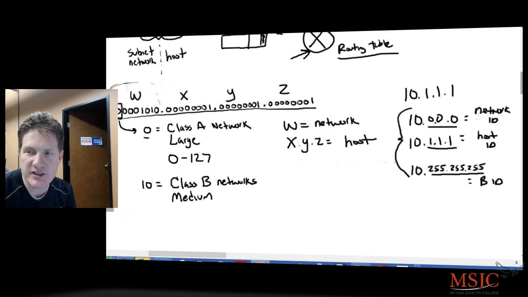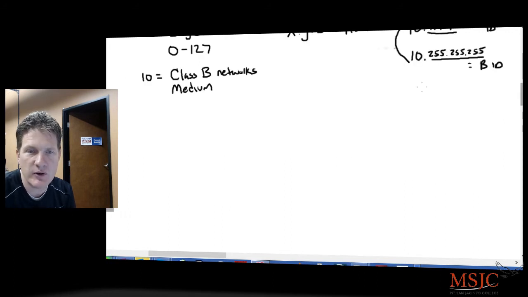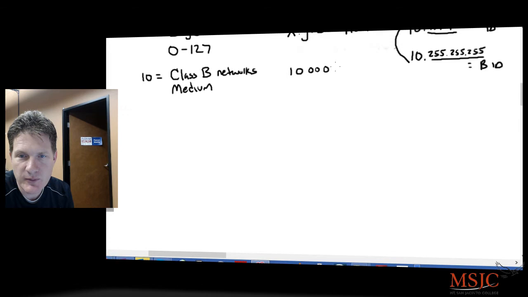And if we were to do the same thing we did with the Class A scenario, 10 followed by 6 zeros would be the first possible network, which is 128.